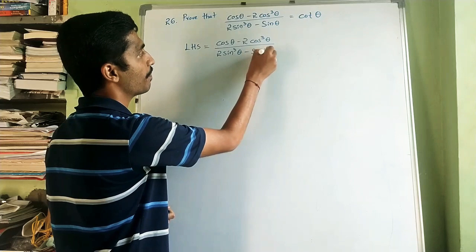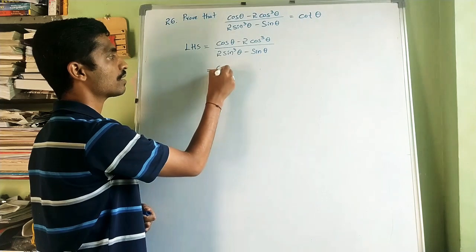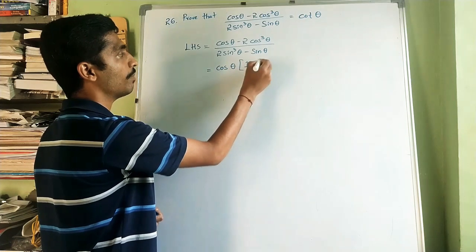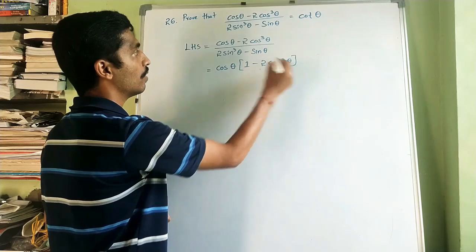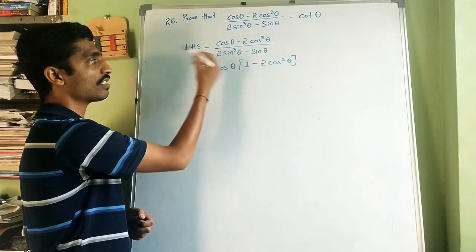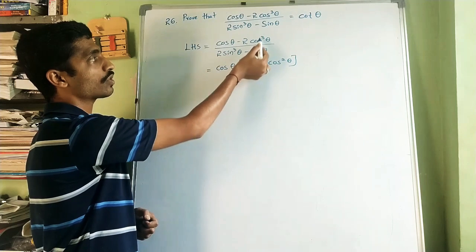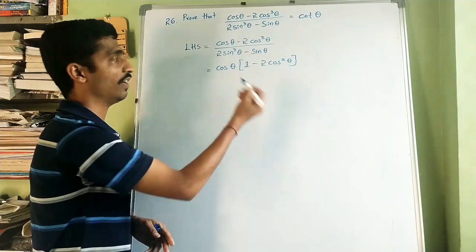minus sin theta. Here cos is there, here cos cube is there. Take the cos common. What is left? 1 minus 2 into cos square theta. If I take cos theta common, the remainder is 1 minus 2 cos square, because from cos cube, if I take 1 cos out, cos square is left.